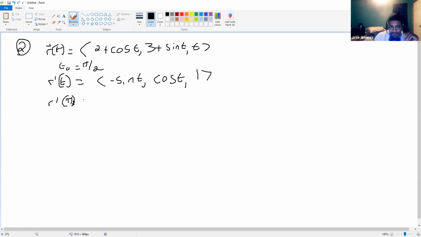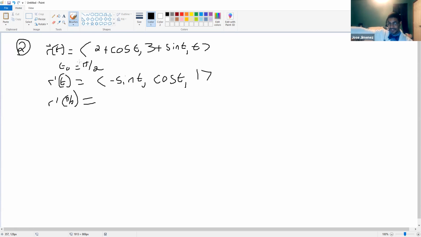And the r prime of pi over 2, okay, that's like a really bad pi over 2. Going back to virtual for today is showing how much I haven't used my wrist in a while.